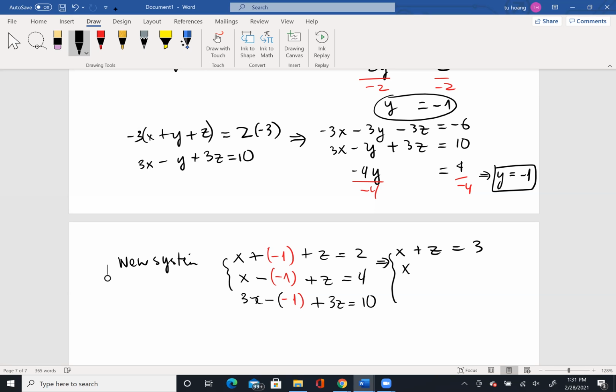So I have x plus z also equal to 3. And the last one, you subtract 1 from both sides, you get 3z equal to 9.